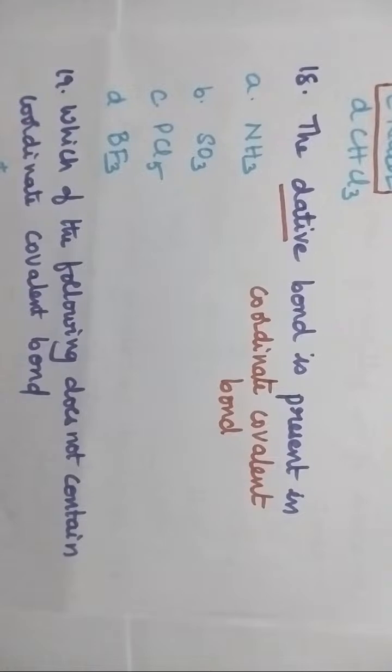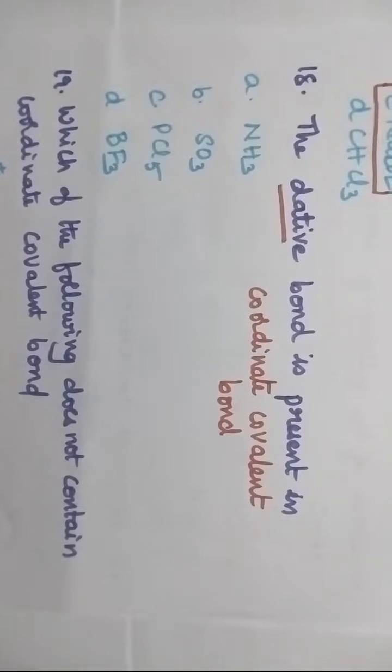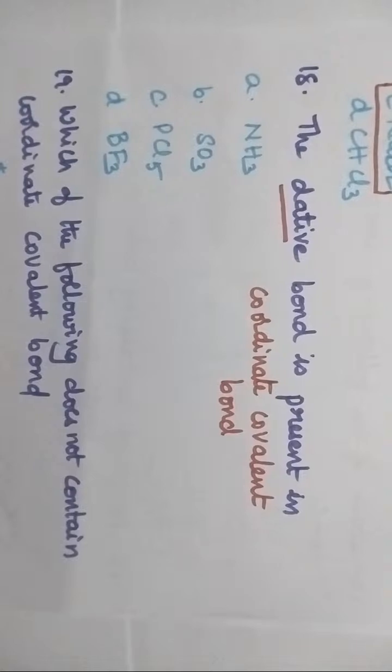Very good, Tilak. Ammonia contains only covalent bonds. PCl5 also contains only covalent bonds.